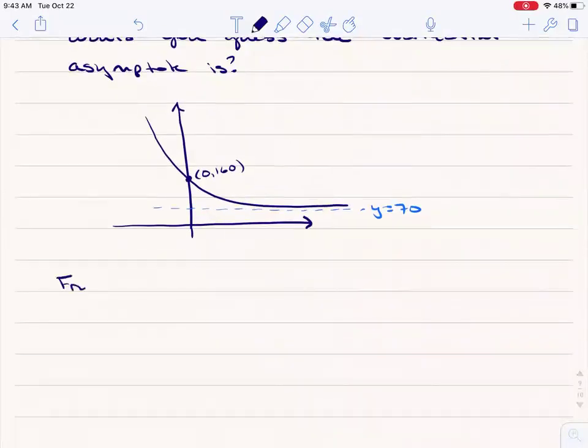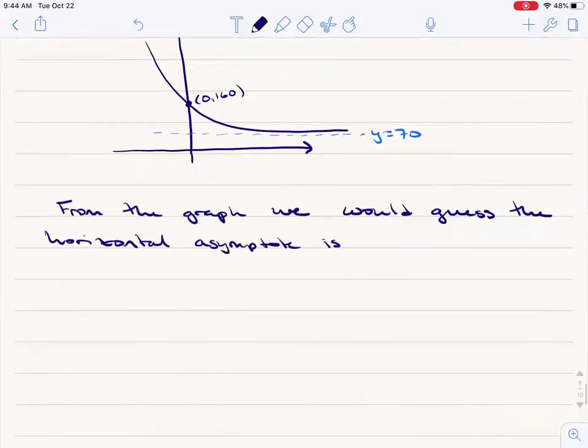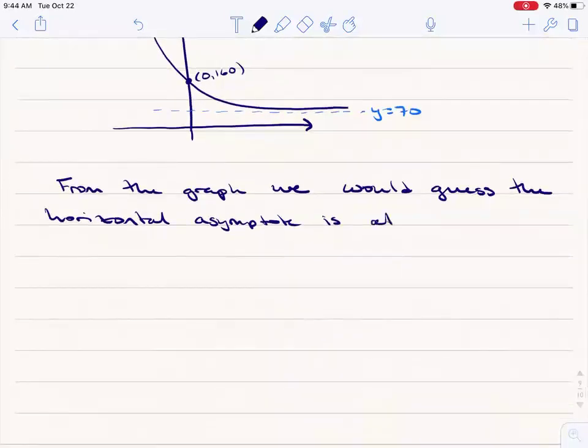From the graph, we would guess the horizontal asymptote is at y equals 70, right?